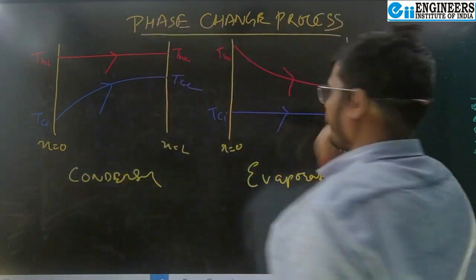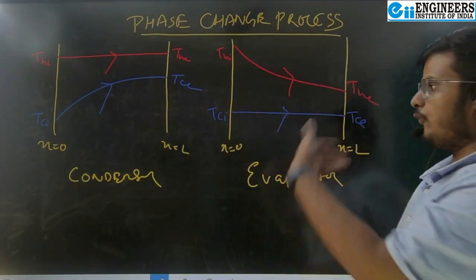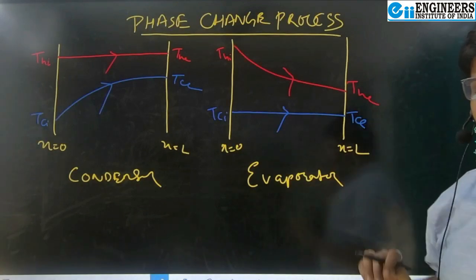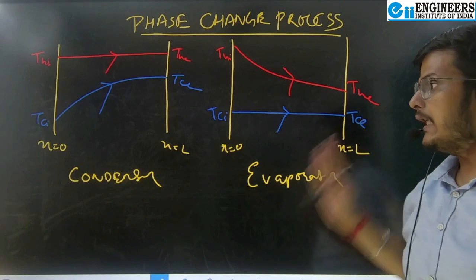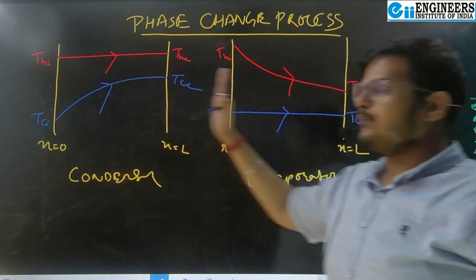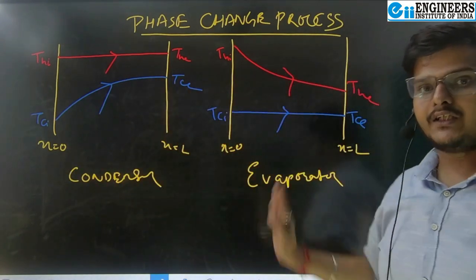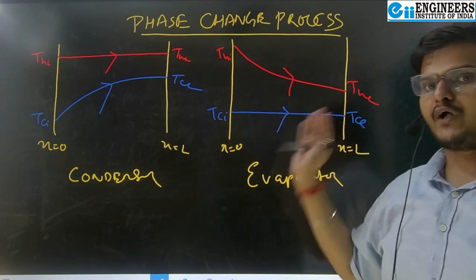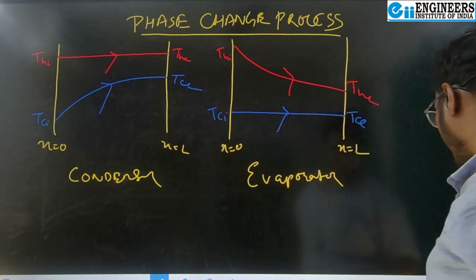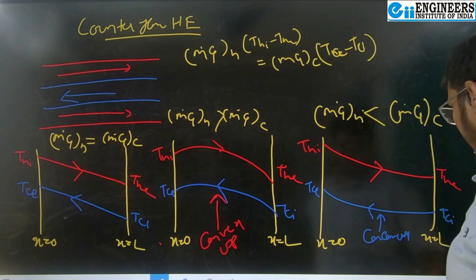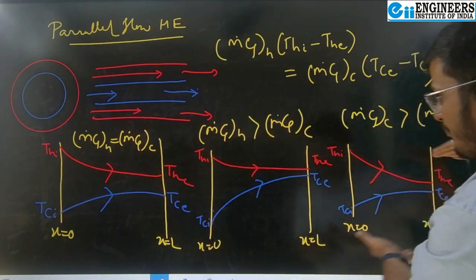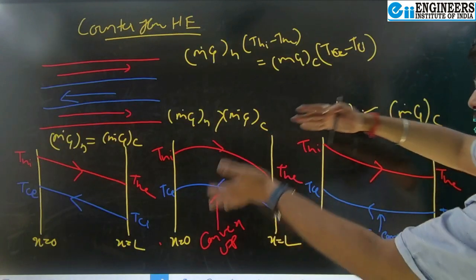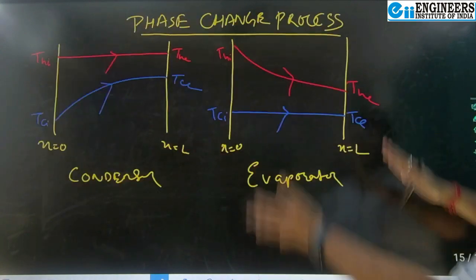So for parallel flow, counter flow and phase change processes, the two primary things that come into our picture are the temperature distributions in a heat exchanger. A small recapitulation: this is the parallel flow temperature profile, this is the counter flow temperature profile, and this is the temperature profile in a phase change process.